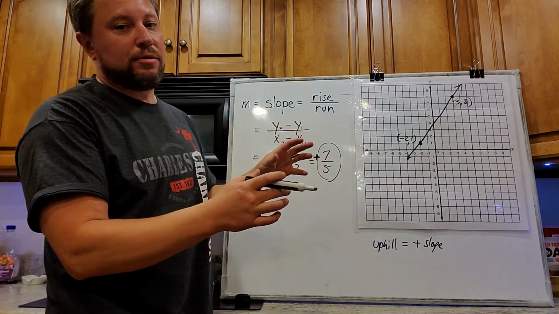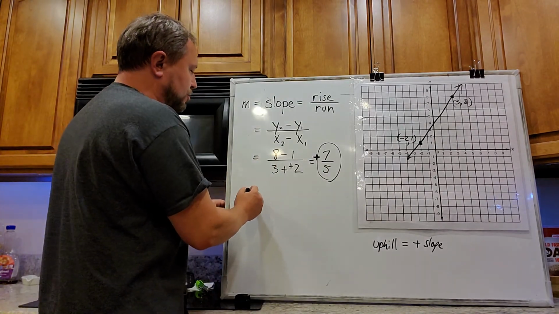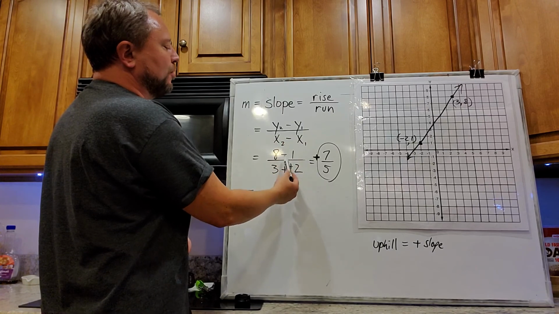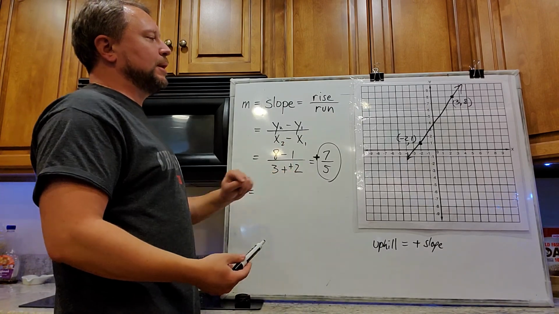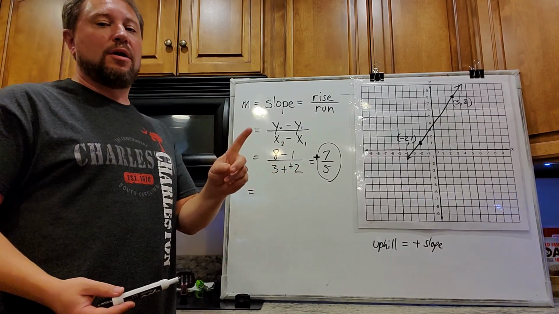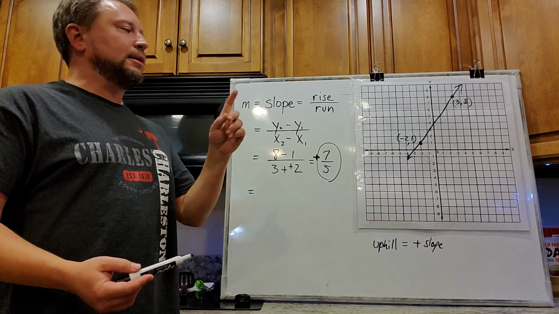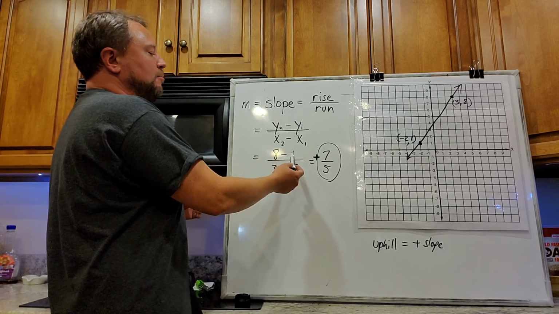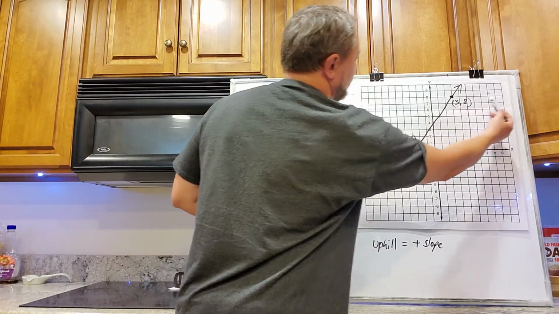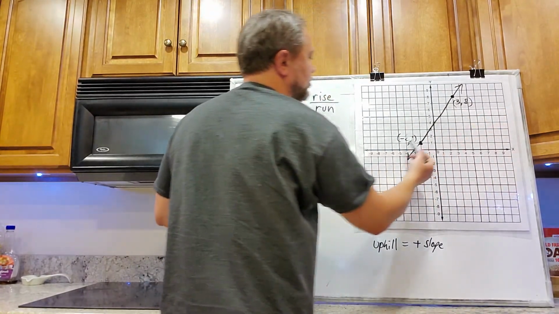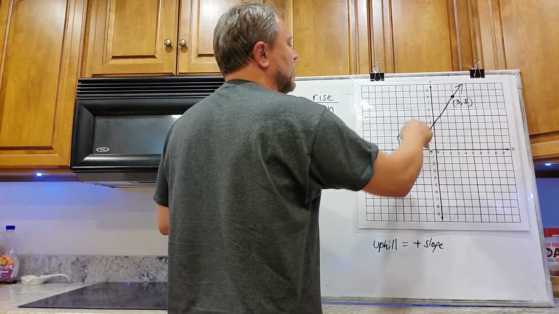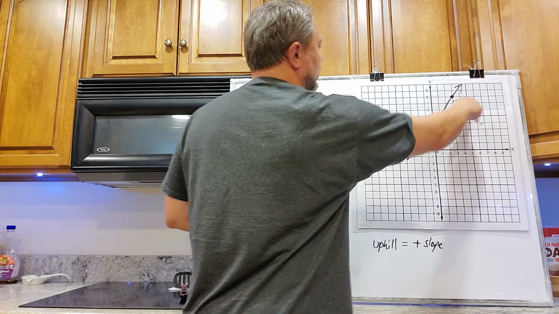Just for fun here, let me show you too that even if you had subtracted these in the opposite order, it still would have come out the same, as long as you are consistent in the pattern that you do it in. So initially when I did 8 minus 1, do you see I was going right minus left? 8 minus 1, 3 minus negative 2. So let's flip it around. Let's put the 1 first and then the 8.